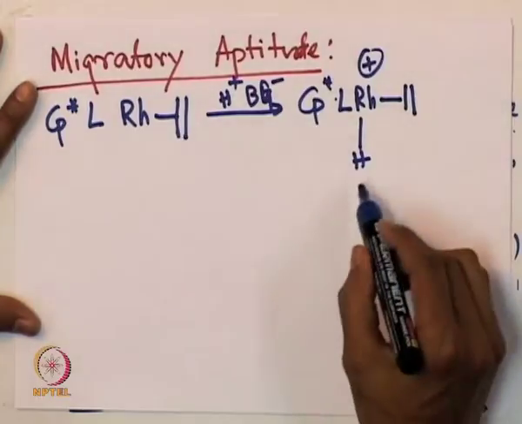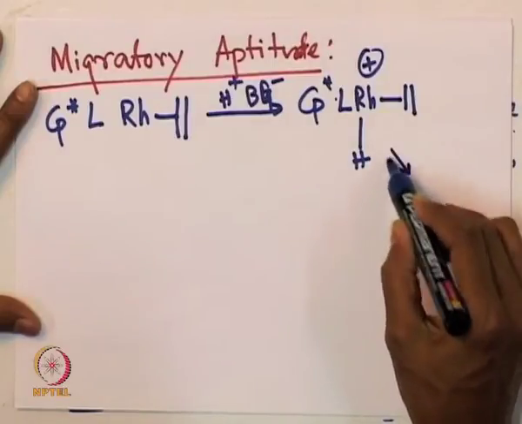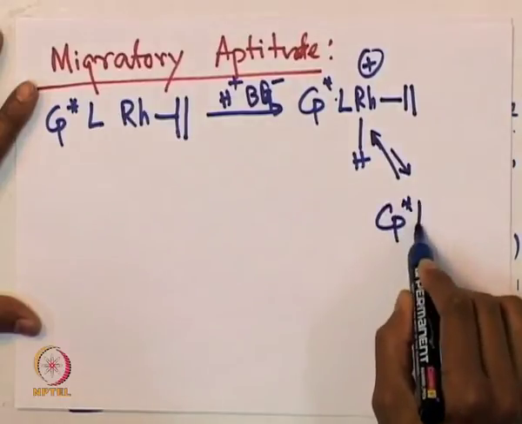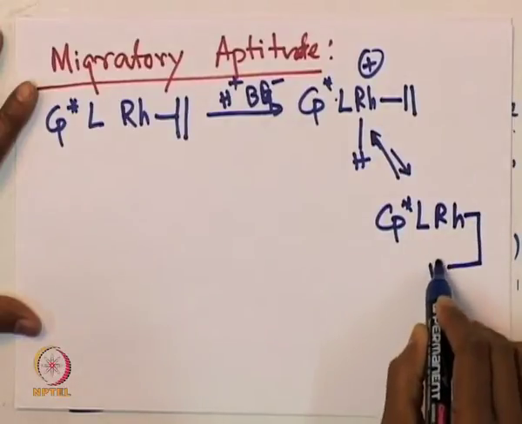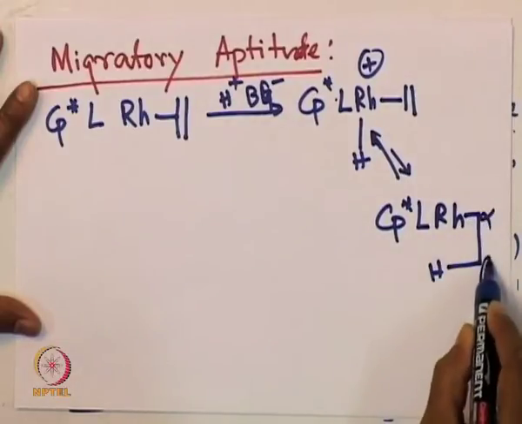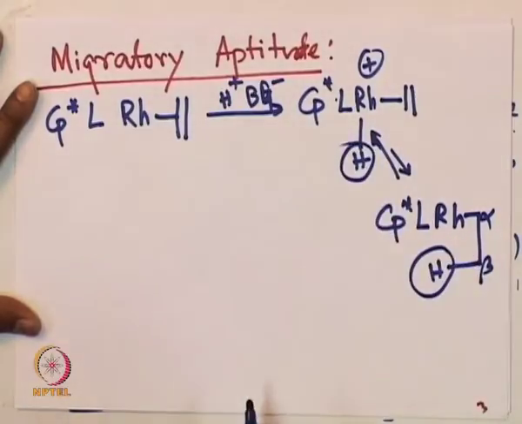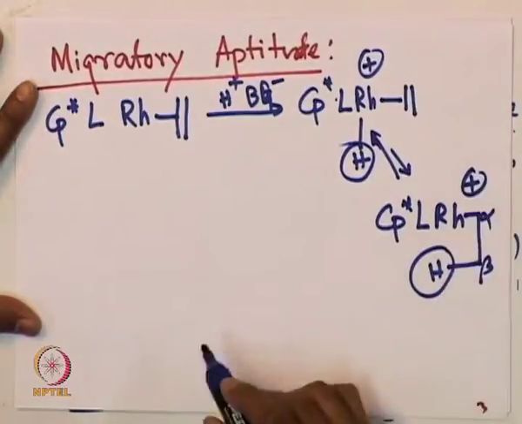Now of course from this intermediate you can expect that product formation will go on, and in this case the product would be the one where rhodium is having the alkyl group. So once again, alpha, beta, at the beta position this hydride is getting migrated, right. So again this will be a plus complex.